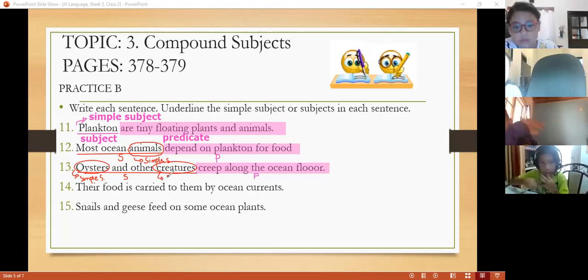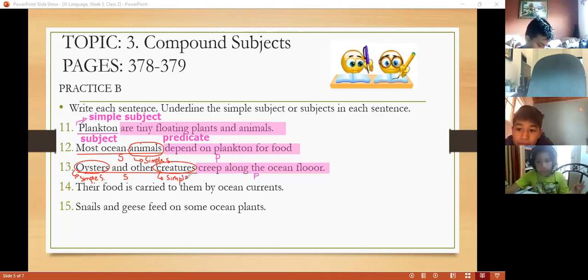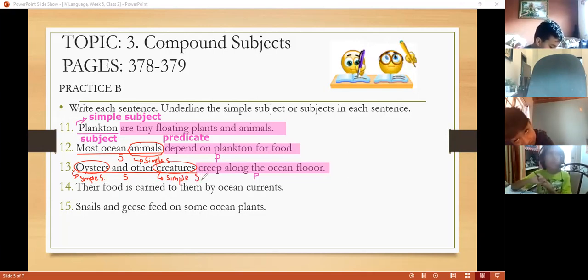And this is simple subject number 2 and now I have a compound subject because I have two simple subjects. The simple subject is the most important word in the subject and you can have two. If you have two or more, they are compound subjects.